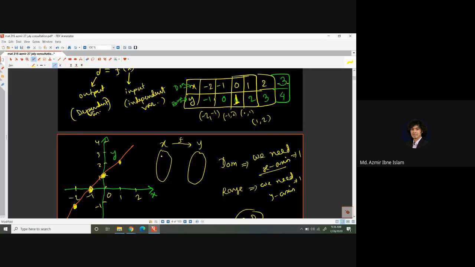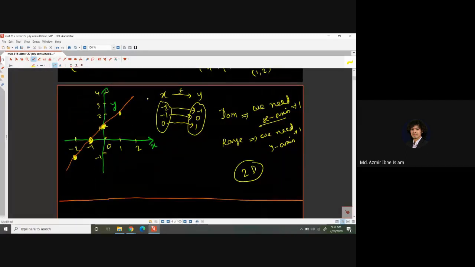If we input -2, -2 is mapping to -1. -1 is mapping to 0. 0 is the input, that is the x value, so 0 is mapping to 1. Similarly, we can extend the idea for other values. So this is the representation we have learned from school or high school level. This is the domain, and this part is the range.